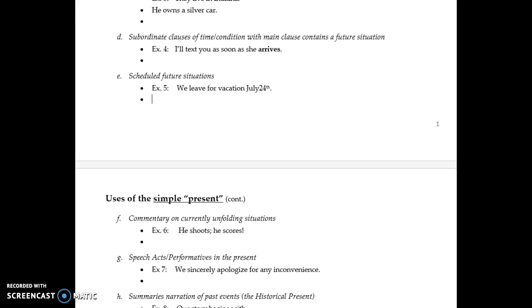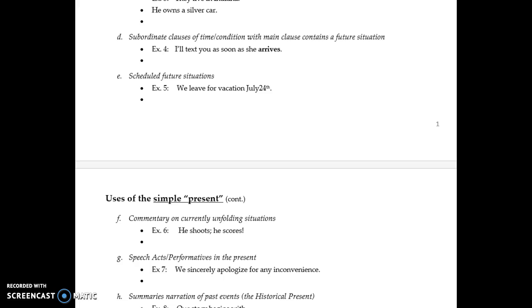Interestingly, we also can use the simple present to describe future situations, such as we leave for vacation July 24th. This is simple present, even though it's a scheduled future event. That's again another example of how time and tense are not very tightly related.